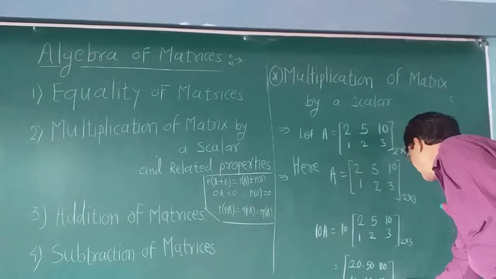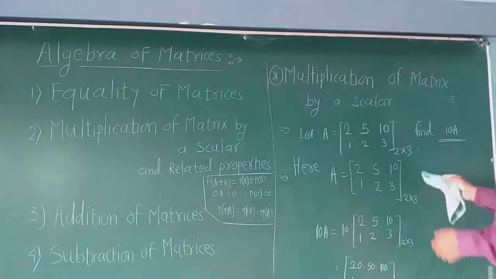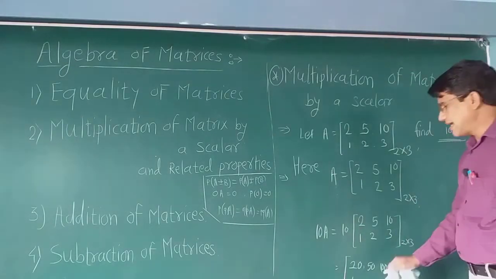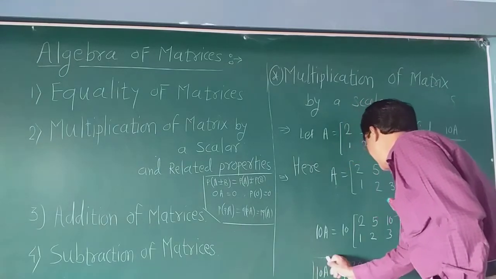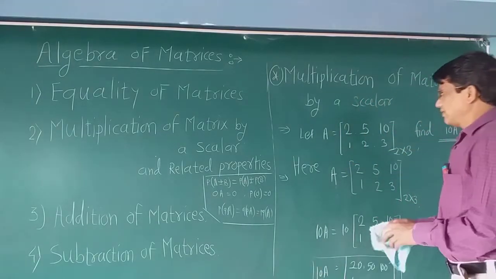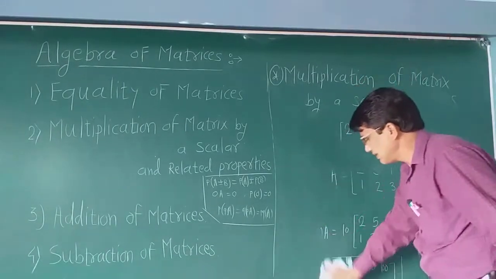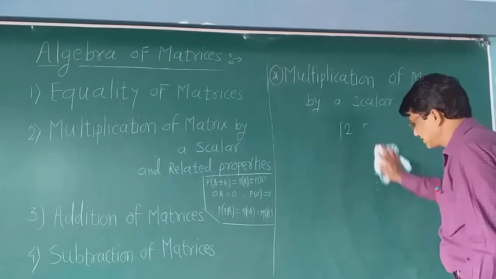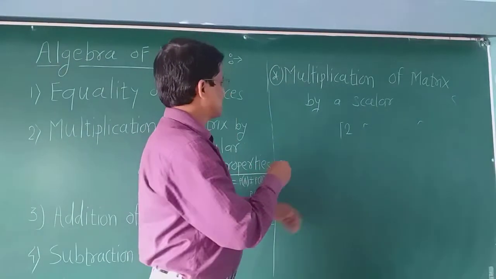Order is 2 rows and 3 columns. This is the answer of 10A. Let us see one more example based on the same concept, matrix multiplication by a scalar.